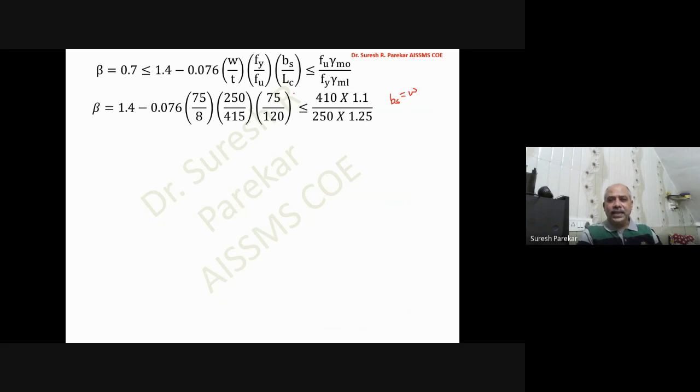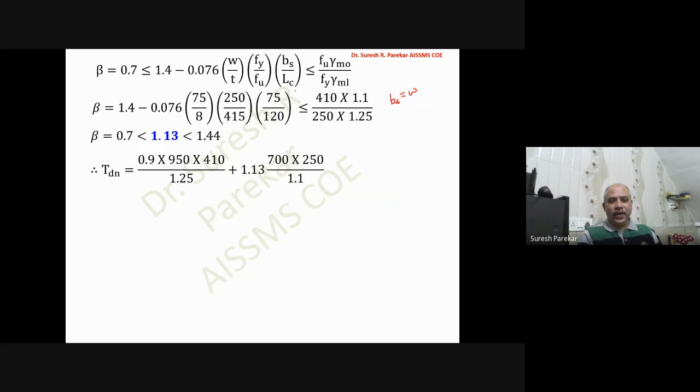Then for LC we consider the maximum length of the connection in these three, and that is 120. From this we get the value of beta as 1.13, which is greater than 0.7 and less than 1.44. Then we find TDN from this, which gives us 460.21 kilonewton, which is number 2.